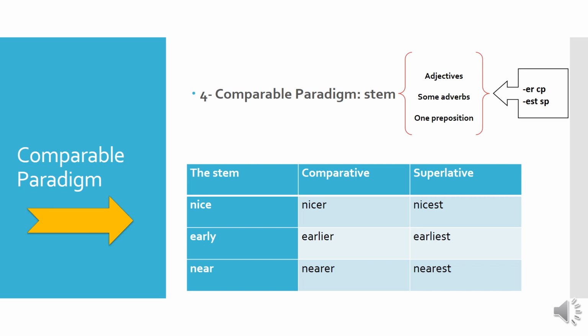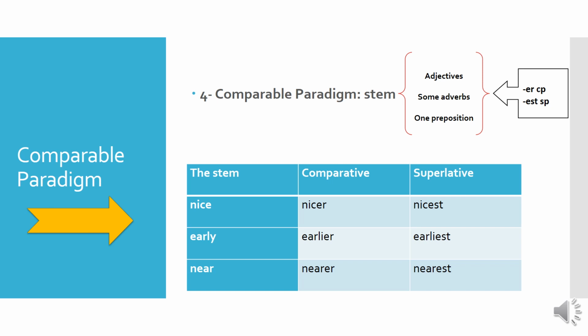Now, the comparable paradigm consists of the stem and the comparative form. The comparative form consists of the stem plus er comparative. The superlative form consists of the stem plus est superlative. Let's have an example. Nice.